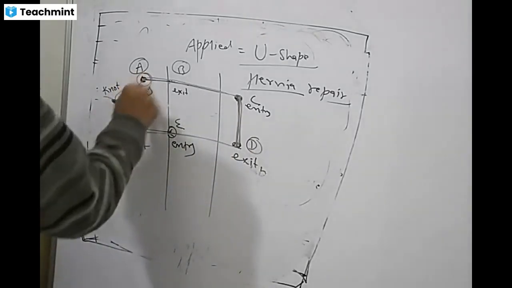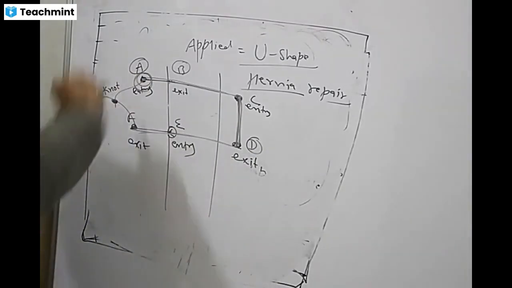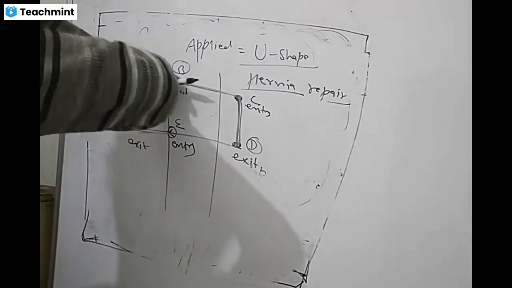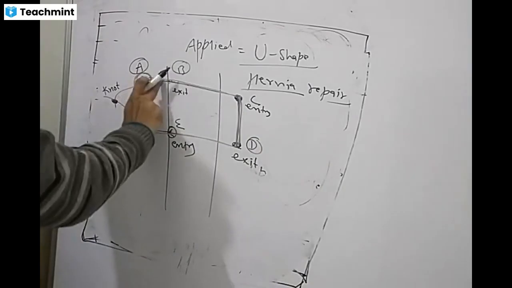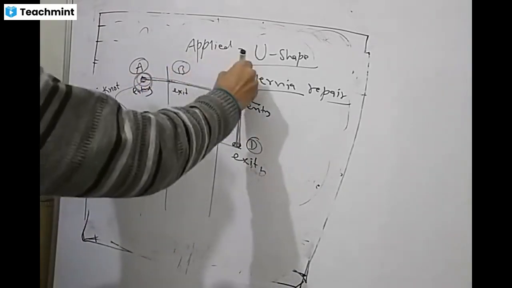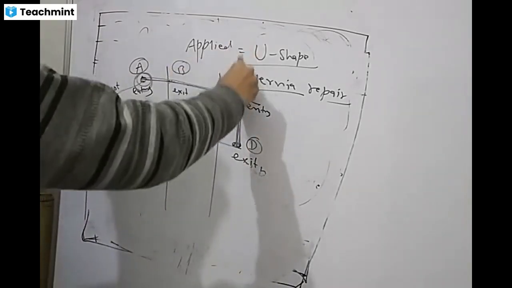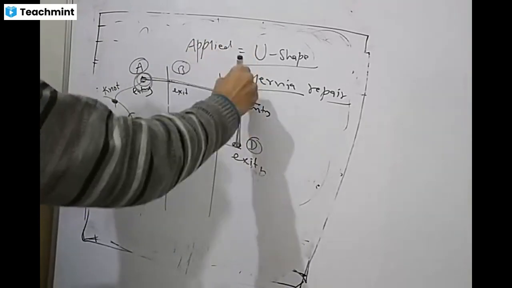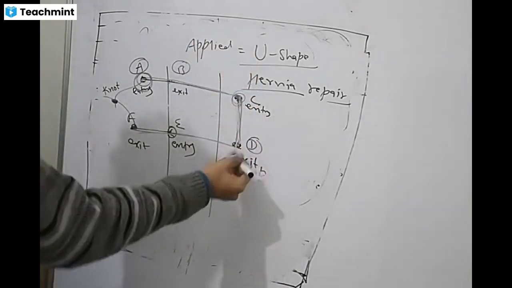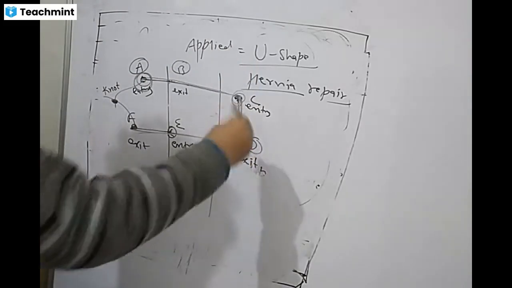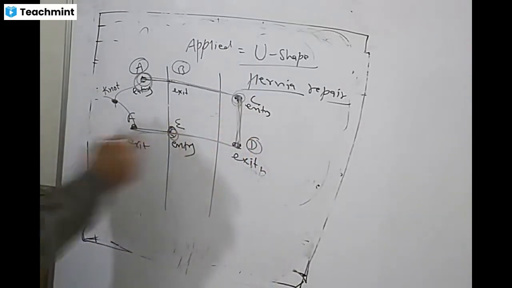First we enter this side, then exit from the mucosa. After exiting from the mucosa, then we enter from the serosa. We go parallel to the incision horizontally, then exit from here, then again entry from mucosa.